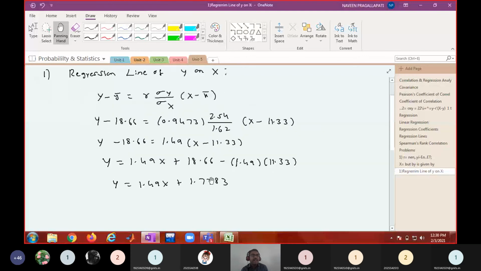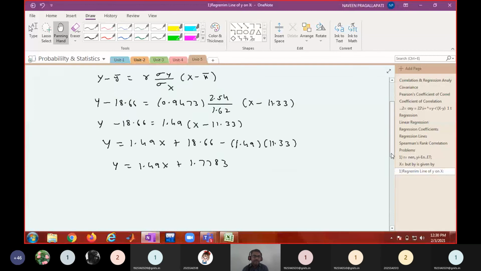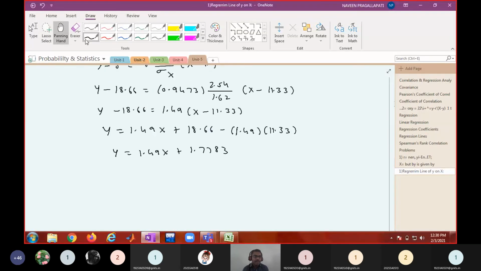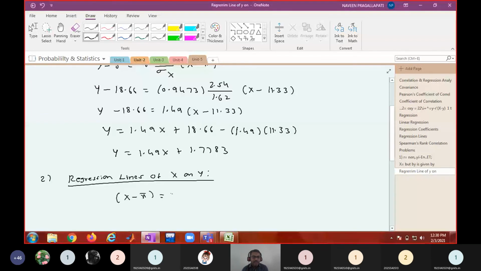In a similar way, please compute the regression line of x on y. I am just writing the formula; substitute the values and simplify later. So x minus x bar equals r into sigma x by sigma y into y minus y bar.